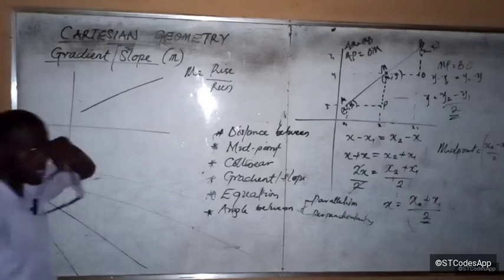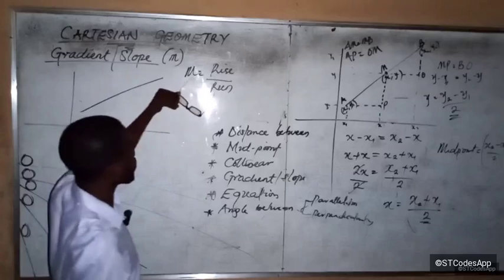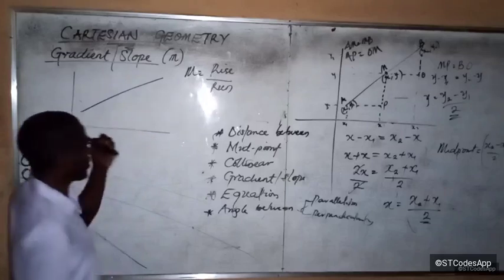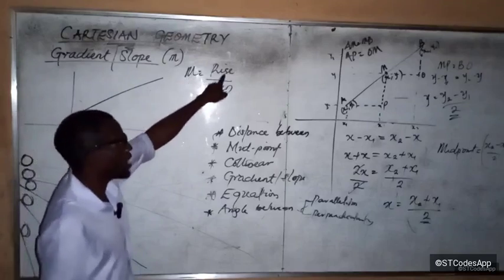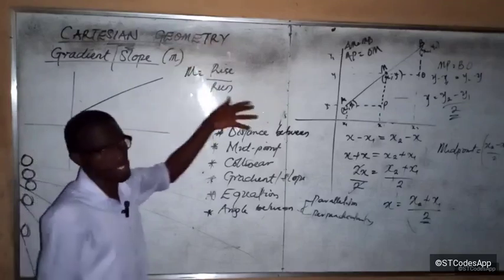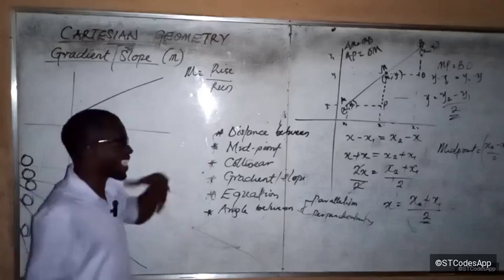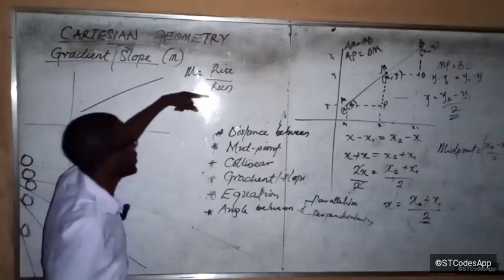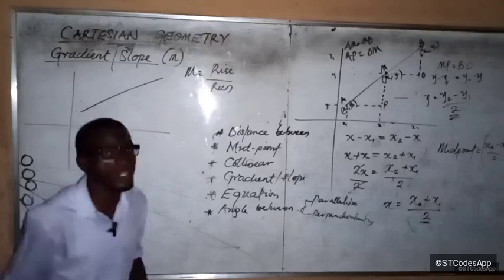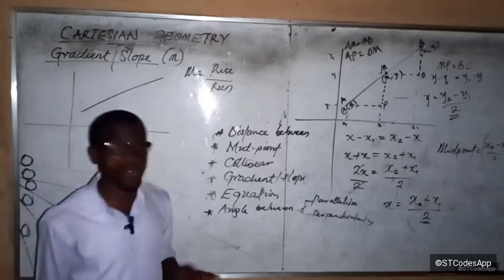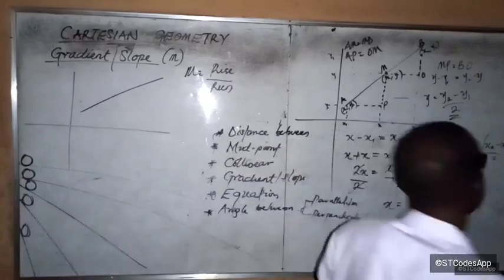And remember, I said the rise has to be higher so that the gradient must be great. Why? Because if you divide a big number by a smaller number, you get a big number, compared to when you use a big number to divide a small number. So to have a great slope, you must rise more than you run.